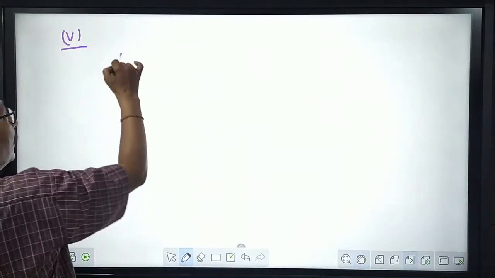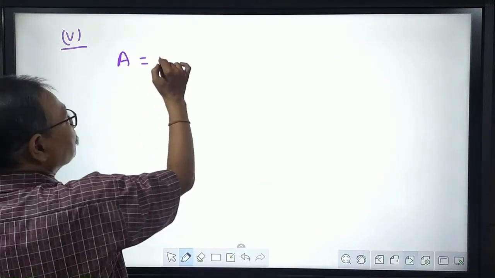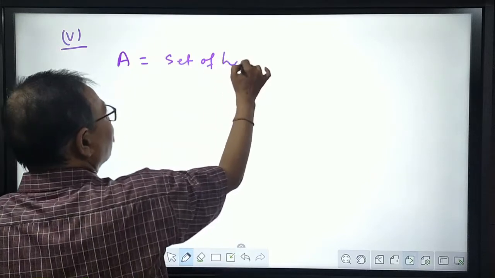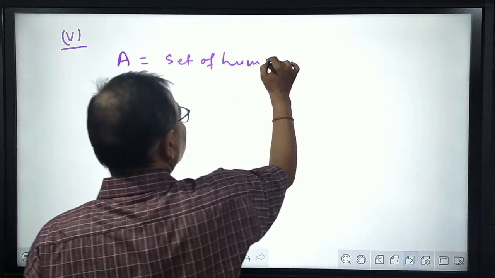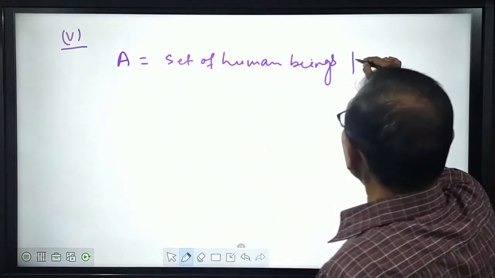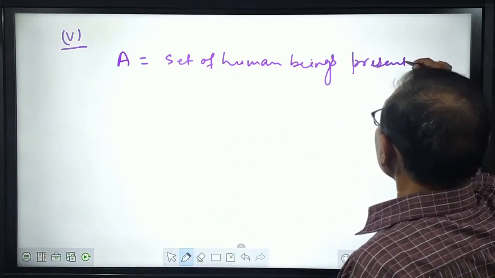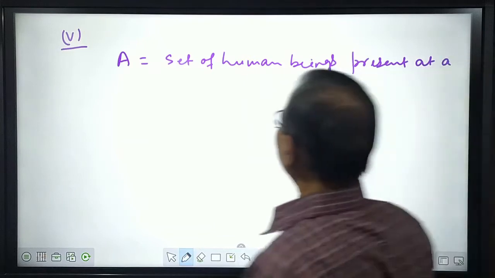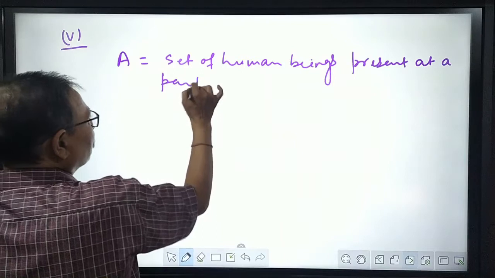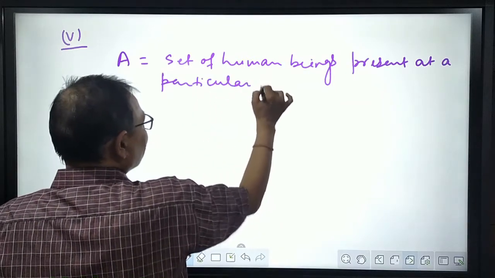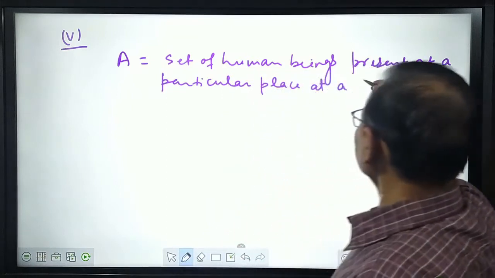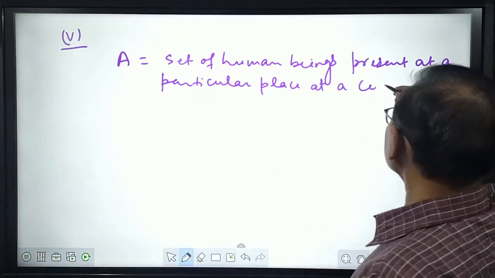Here, A is a set of human beings present at a particular place, at a certain time, at a particular time.